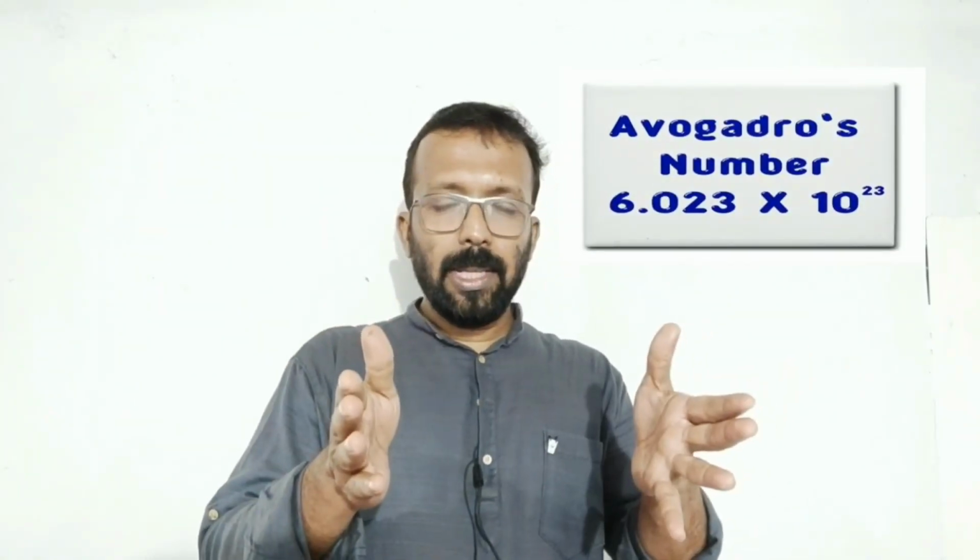See now, 16 gram of oxygen is 1 GAM. 1 GAM contains 1 into 6.022 into 10 raised to 23 atoms. So, 32 gram, see, 16 gram is 1 GAM. So, 32 gram will be how many? Yes, 2 GAM.